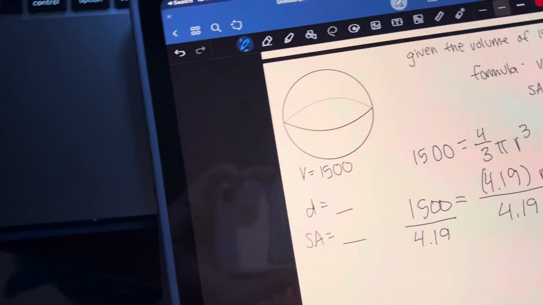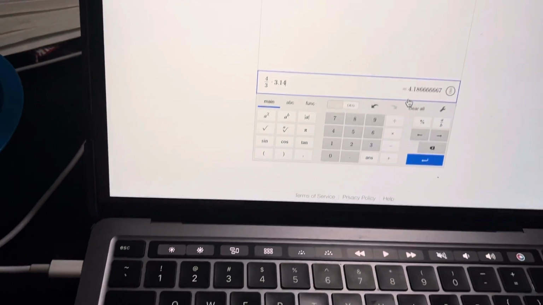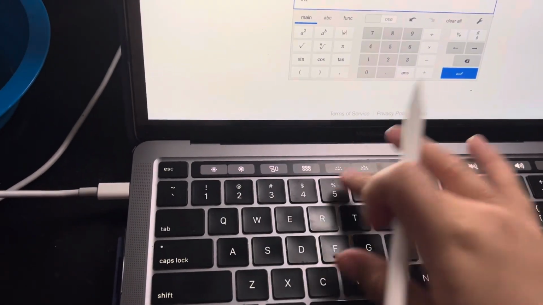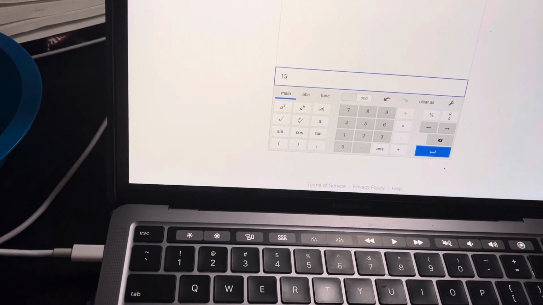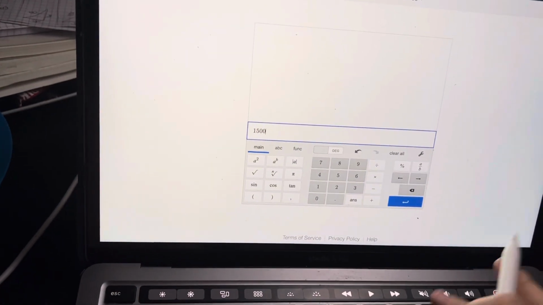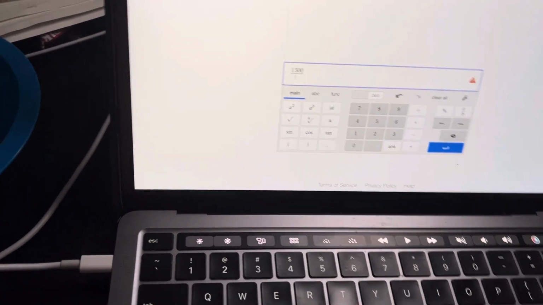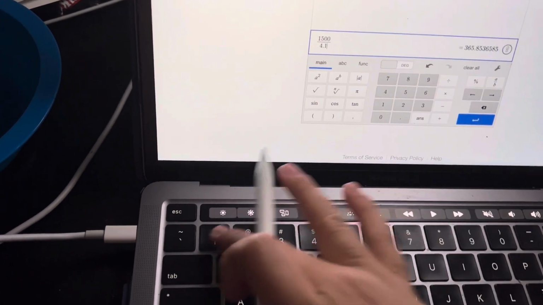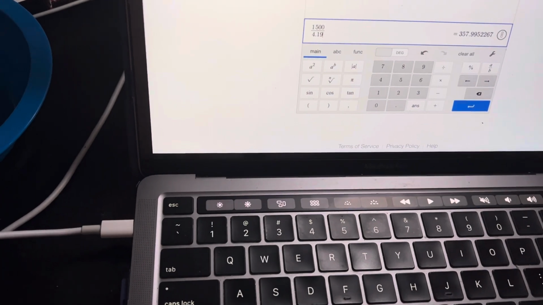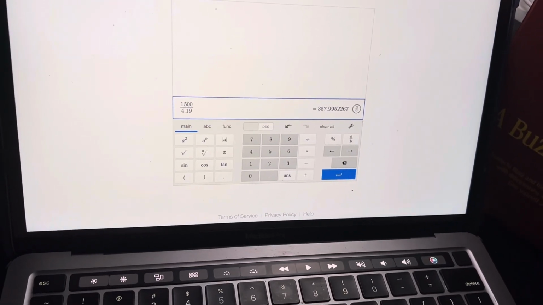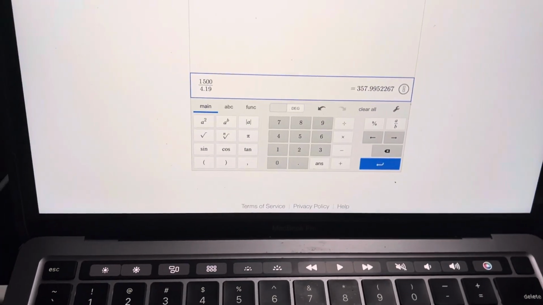I'm going to try to do that on my computer. I'm just rounding to the hundredths, so it's a little bit simpler. So 1,500 divided by 4.19 gives me 357.99. I guess we could just say 358, since I've been rounding by the hundredths.